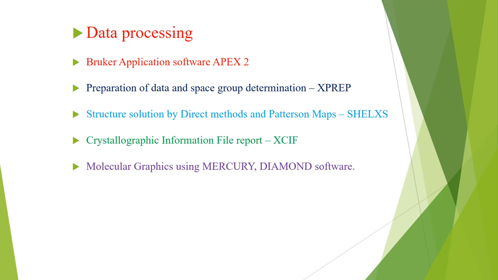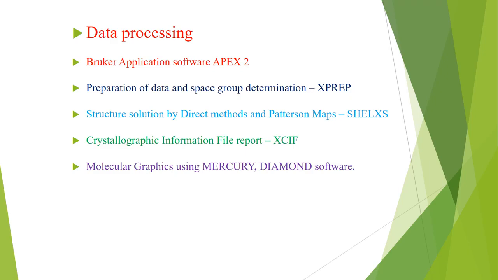So these are the kinds of software that are used to solve the diffraction pattern and also to find out the structural information of a single crystal in which atoms are attached to one another at certain bond lengths and bond angles.